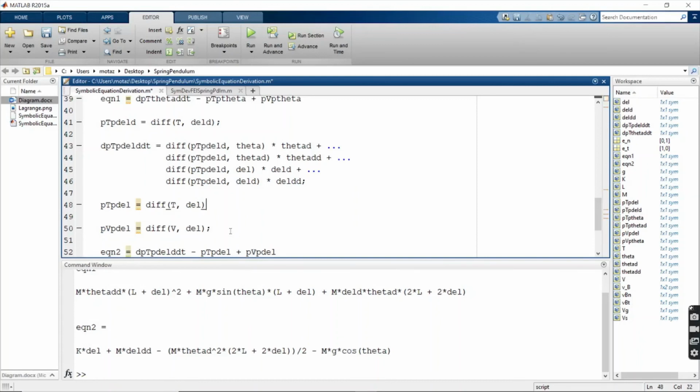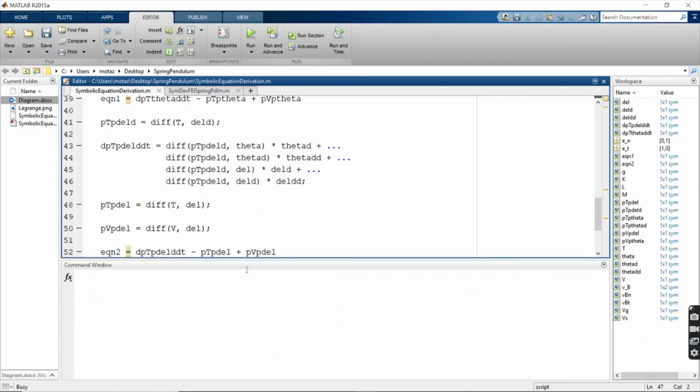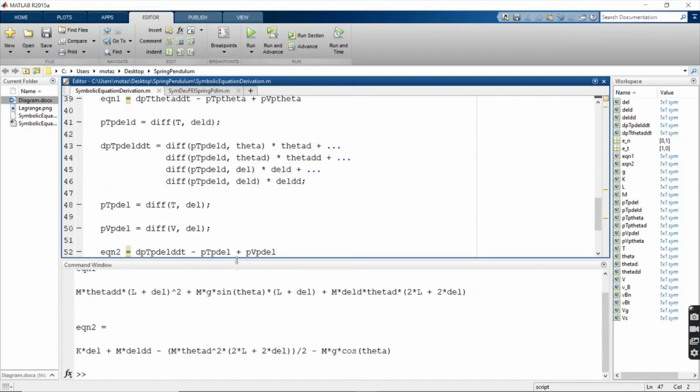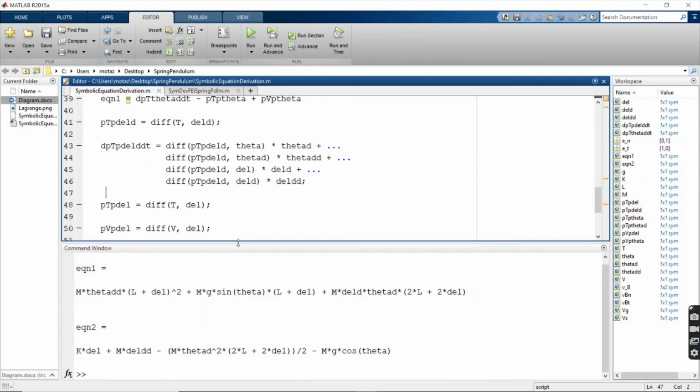Put some semicolons. And let's see our two equations of motion. Okay, here are the two equations of motion, two Lagrange's equations of motion for a spring pendulum.